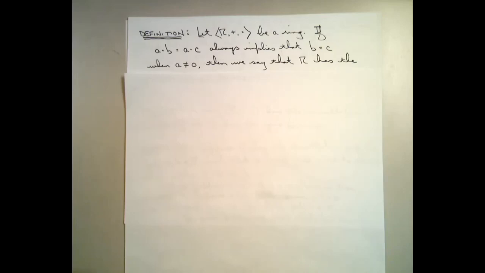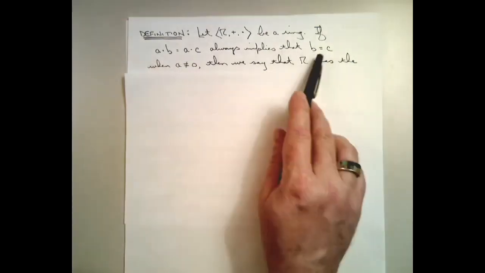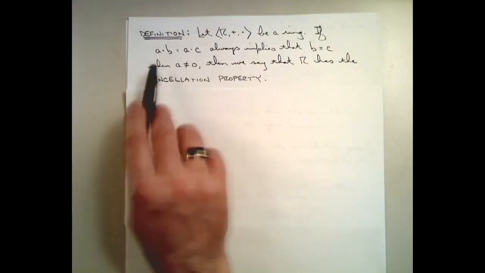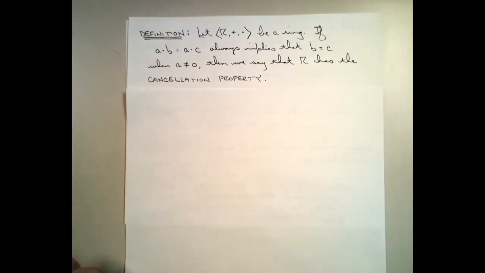And we've already shown, actually we've said you will show in homework, that always gives you 0. So if we have this equality implying this equality for non-zero A's, then we're going to say that R has the cancellation property, right? So it allows us to cancel whenever we have A times B and A times C equaling the same thing, A being non-zero.